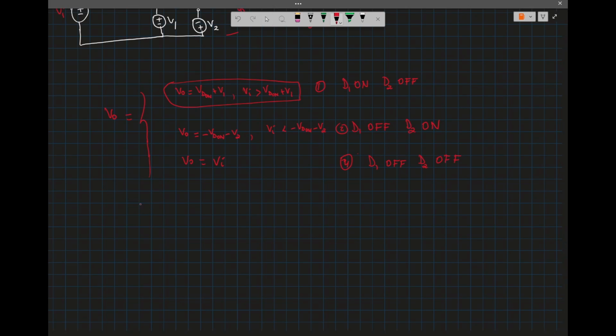Now I can sketch the output voltage, the transfer characteristic.